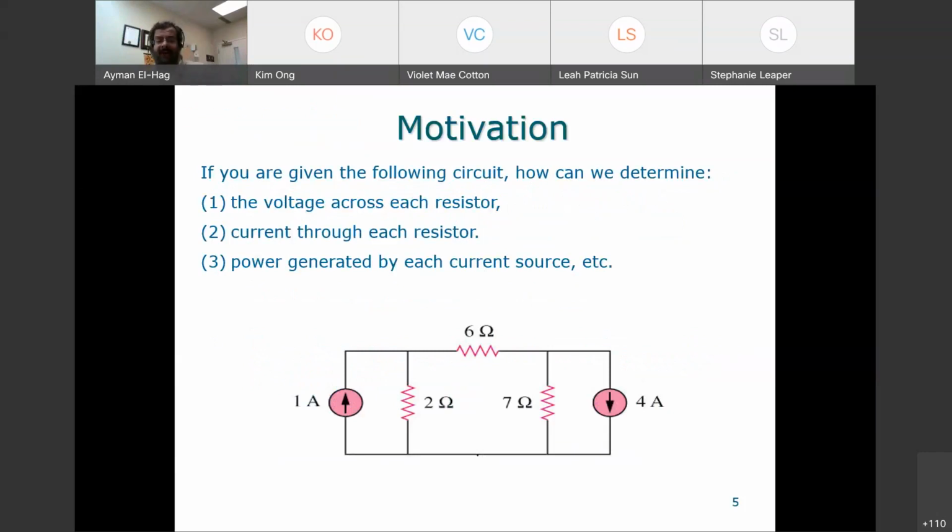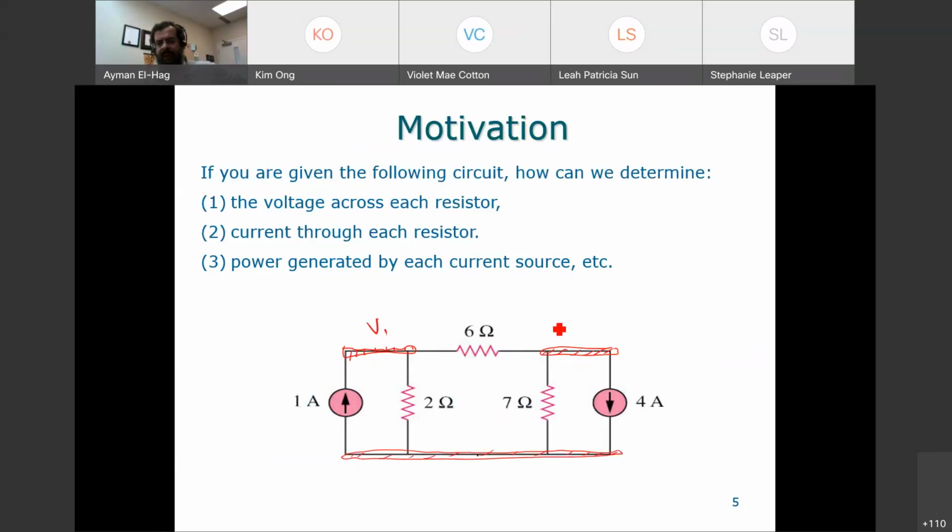So if I was given a circuit like this, let me identify the nodes. Here we will have one node, and here is another node, and this is a third node. So what if I managed to find these voltages?